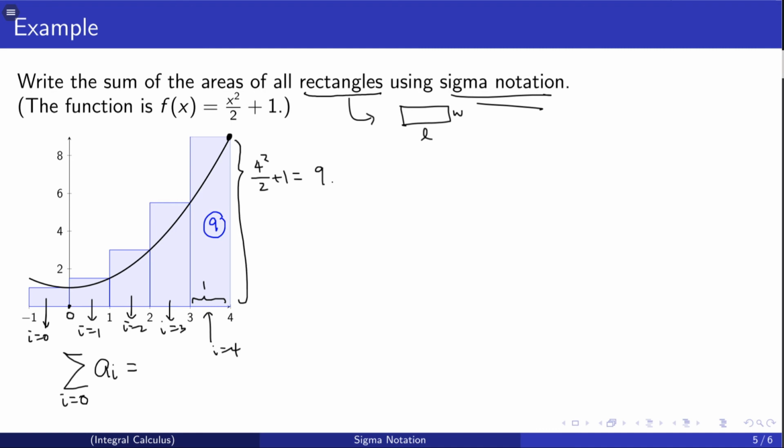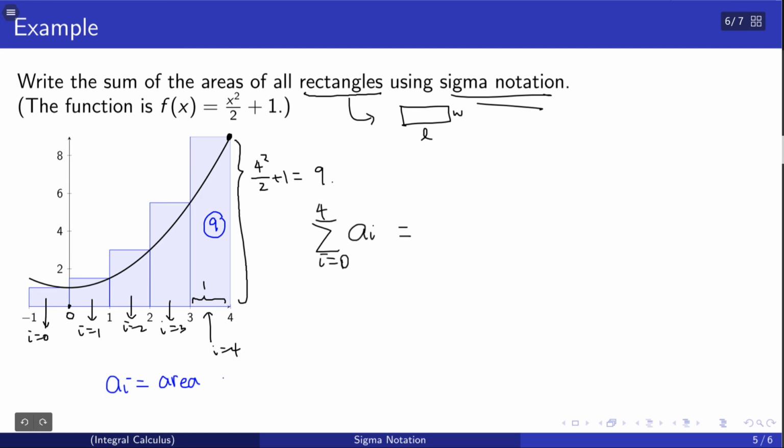And so now the question is, and I'll write this down on the right so we have more space, sum a_i from i equals 0 to 4. What does a_i look like? If a_i is the area of each rectangle, right, so the ith rectangle has what area? Well, the width is constant.